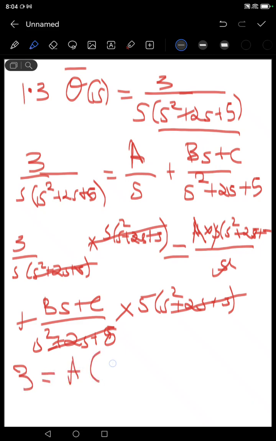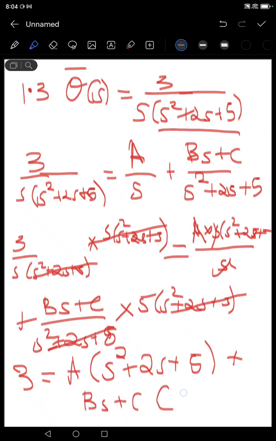A into s squared plus 2s plus 5, plus bs plus c multiplied by s. And then from here we're going to calculate for a, b, and c. So we're going to use simultaneous equations.